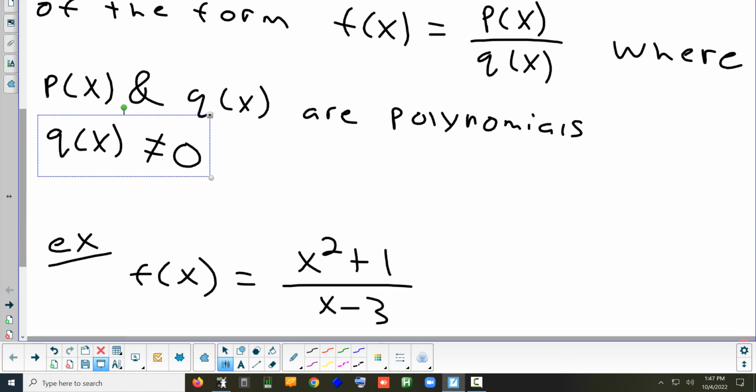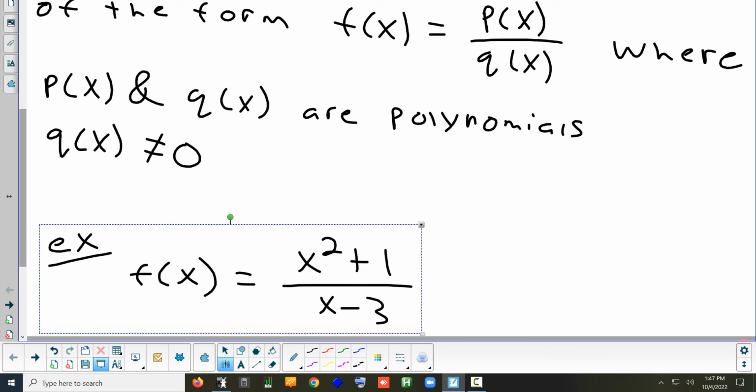There's another example of a rational function. What do we call a polynomial where the highest exponent is a 2? What kind of polynomial is that?